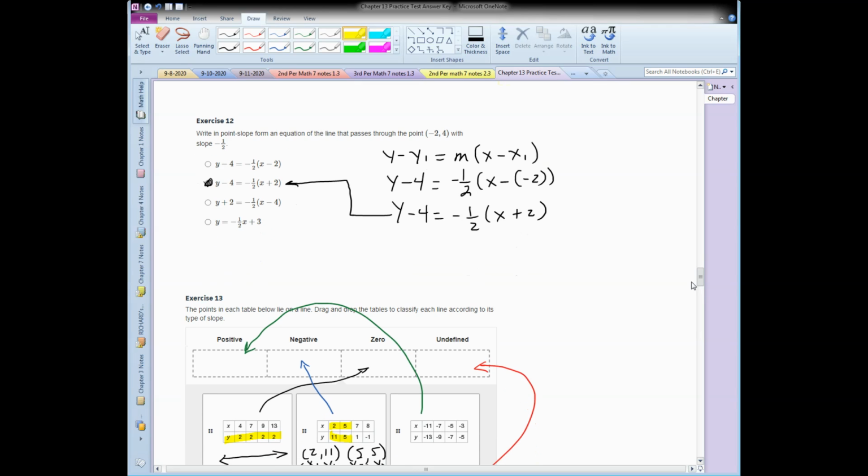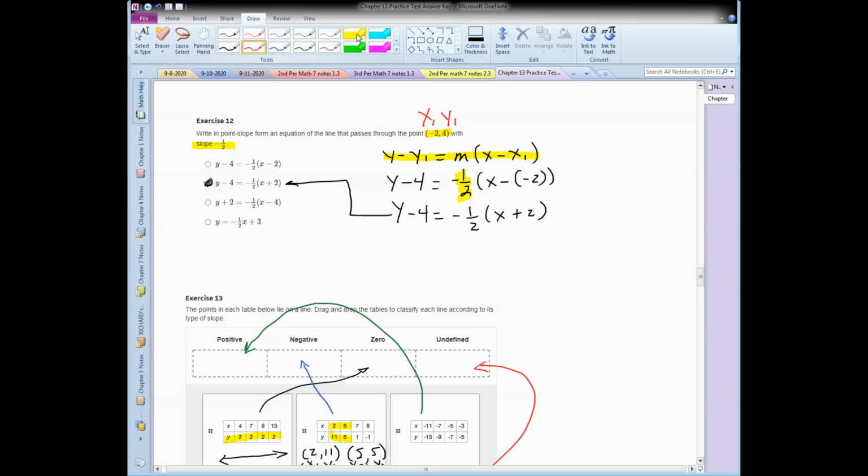Number 12, write in point-slope form. So you have to remember that this is the point-slope form. And so I wrote that down. And what do I know? I know what the slope is. The slope is -1/2. So I just put it in there. Here's my point, -2, 4. So this is x sub 1, and that's y sub 1. I just put them in there.